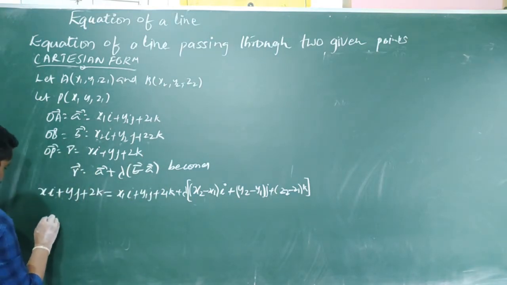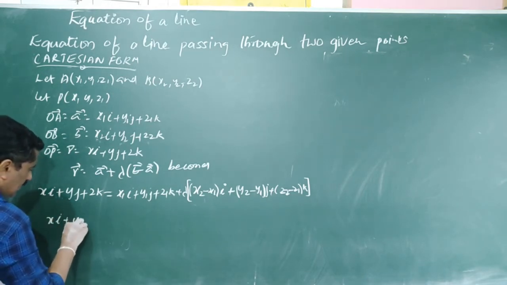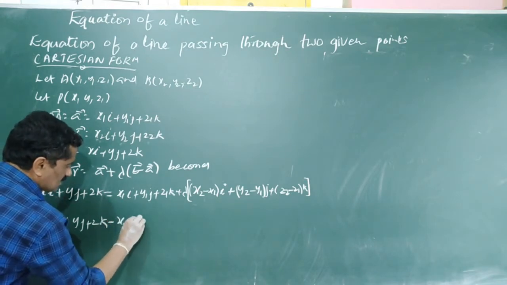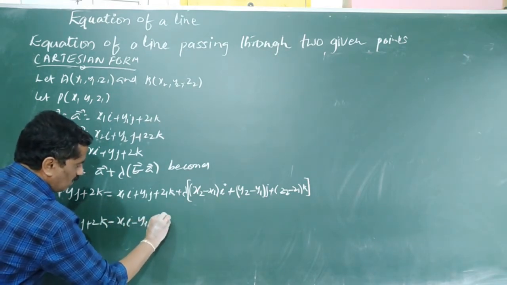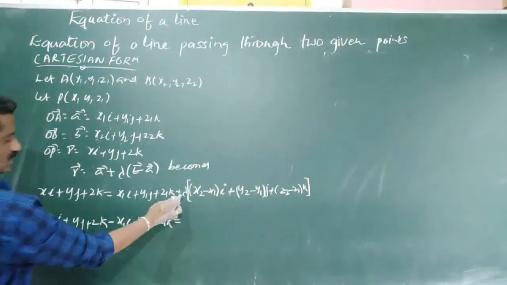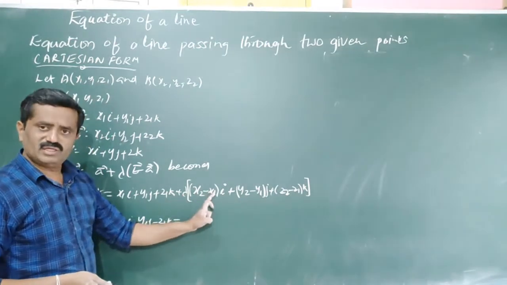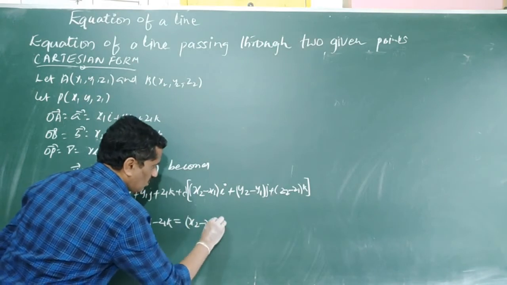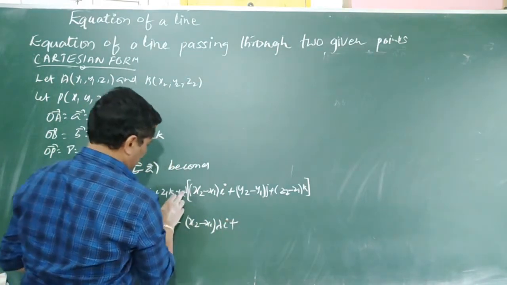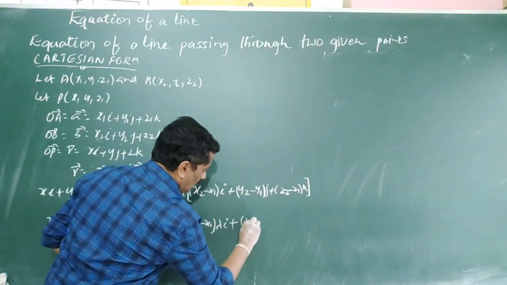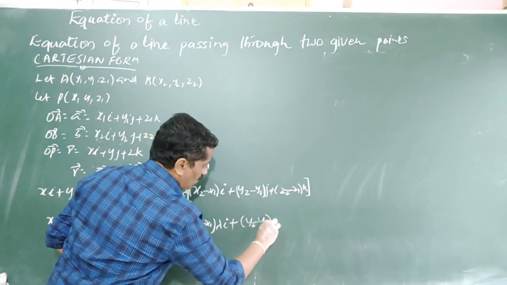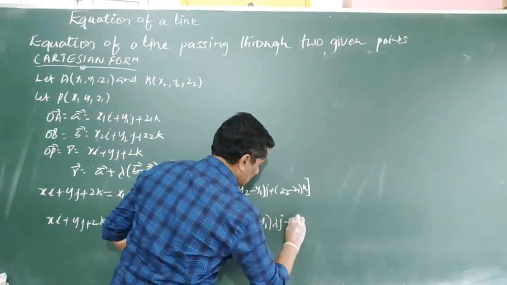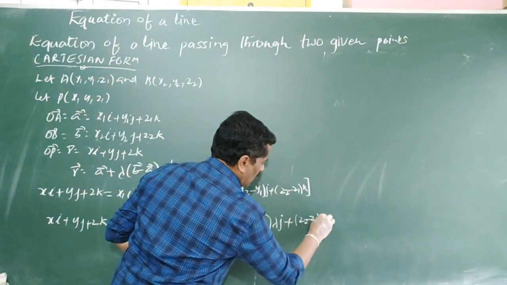We have xi plus yj plus zk minus x1i minus y1j minus z1k is equal to, now multiply lambda to each component: x2 minus x1 of lambda into i, plus y2 minus y1 of lambda into j, plus z2 minus z1 of lambda into k.